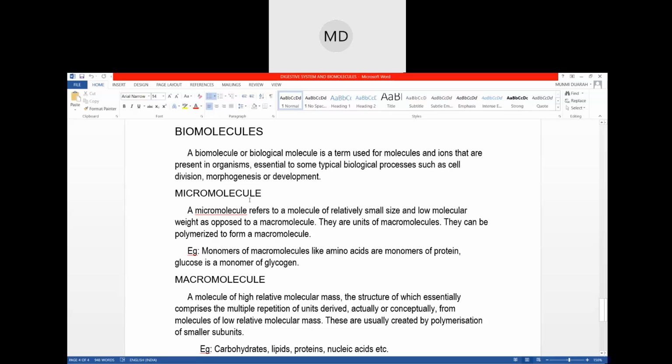Next is weight: micromolecules have low molecular weight, and macromolecules have high molecular weight.